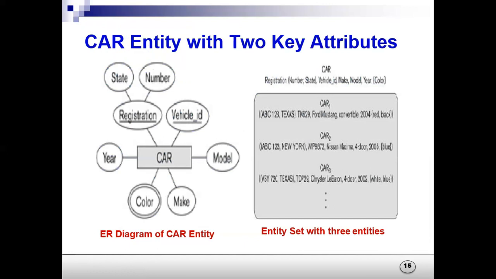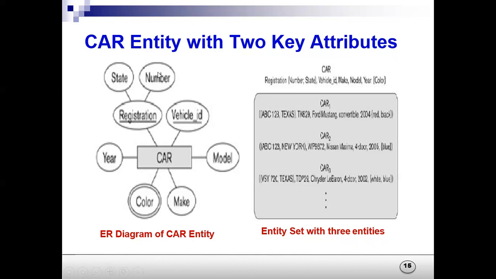So this is how a table looks, a schema looks. So here you can see car is an entity, where it has two primary keys, registration number and vehicle ID. It has two key attributes. You can see these are the attributes: year, model, color, make. Then these are composite attributes, because registration number can be divided into state and number.